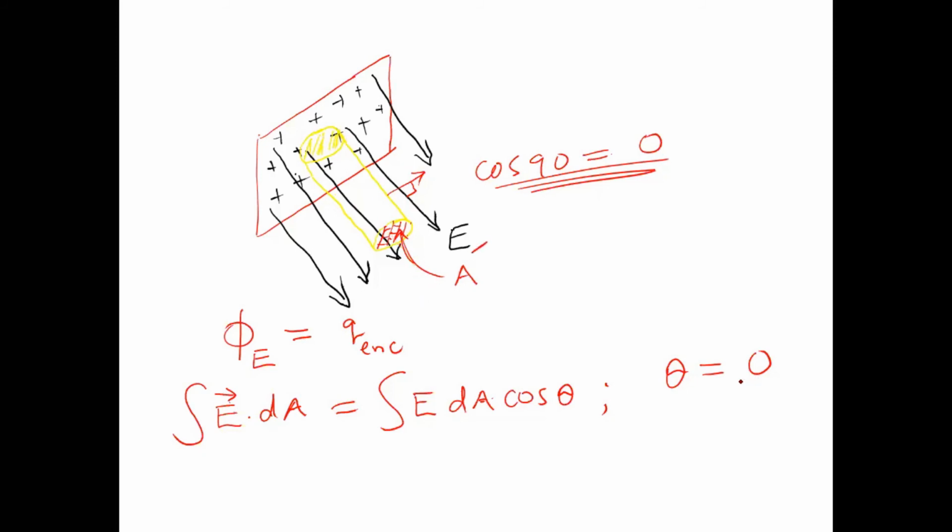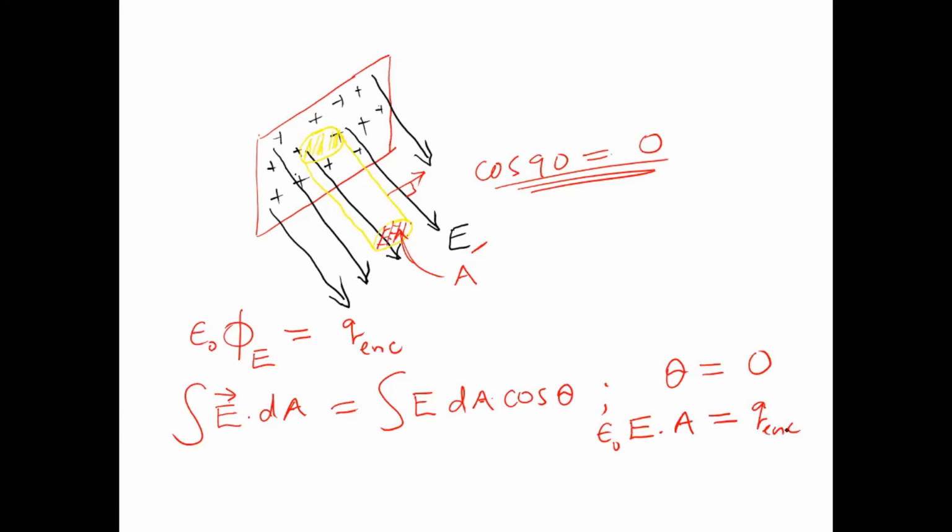So when you integrate, we come up with E times the area equal to the charge enclosed. By the way, I forgot to put the epsilon naught here. So it is epsilon naught times E times A, equal to the charge enclosed.